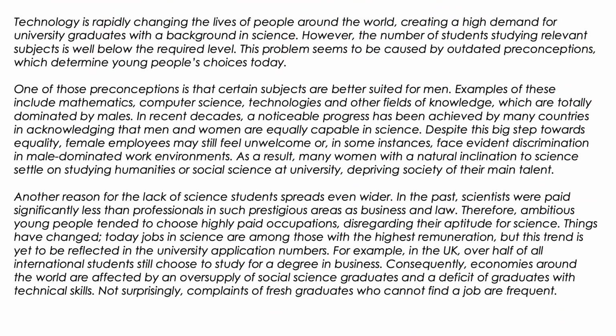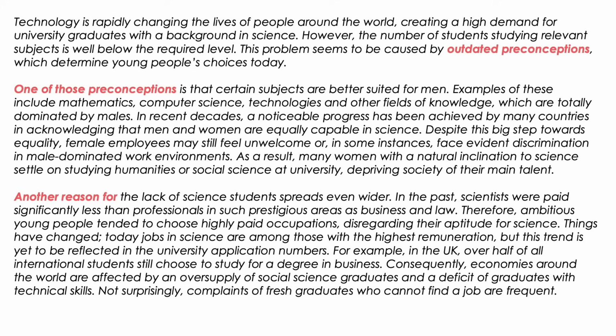If we look at the first 3 paragraphs, I mentioned outdated preconceptions at the end of my introduction, and I opened my first body paragraph by saying one of those preconceptions. So there is a link. And the next body paragraph starts with another reason for the lack of science students.